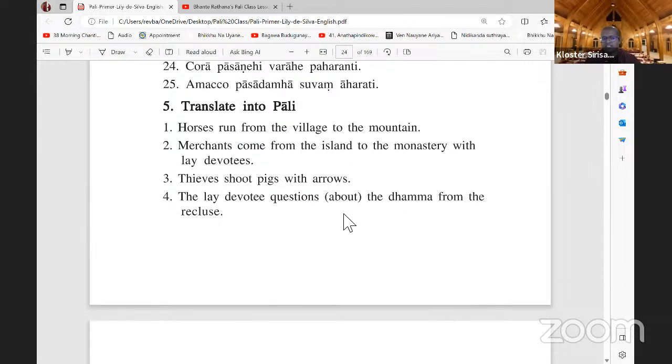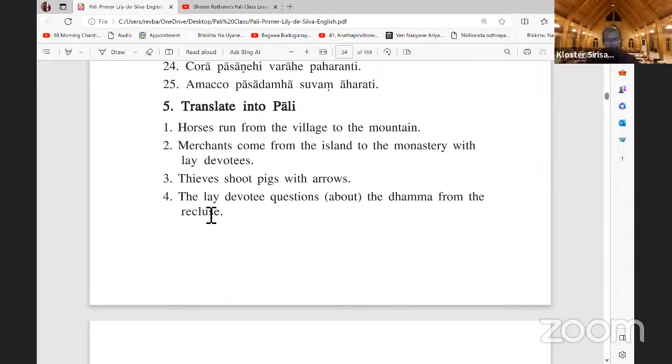Is that clear? Little by little we are learning. Very good. Thank you very much, and very good. And number 4, the lay devotee questions about the Dhamma from the recluse. Upasako samanamha dhammam puttati.